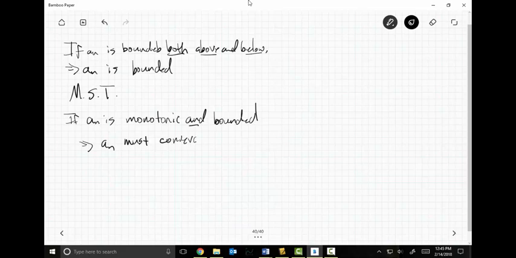So think about this. Let's not think of it as a sub n. Let's think of it as f of n. All right? Now, I guess we should think of it as a sub n. Here's my big M. Here's my little m, right? We're monotonic. So I either have to increase or decrease, right?